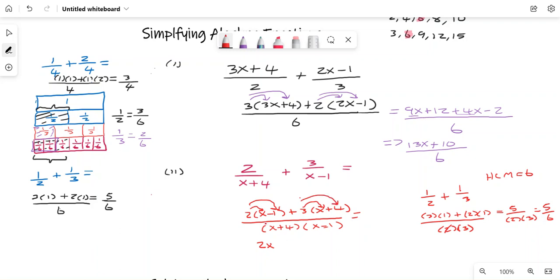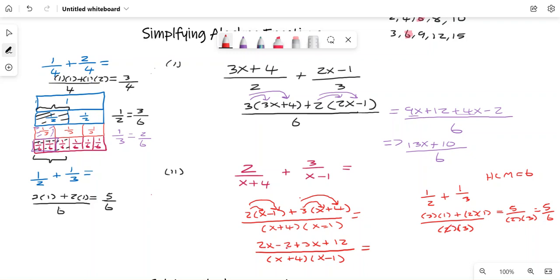So 2 by x gives me 2x, 2 by minus 1 gives me minus 2, 3 by x gives me plus 3x, and 3 by 4 gives me plus 12. Okay, so it's going to look something like that, and then that's all going to be over x plus 4 multiplied by x minus 1. And then we just simplify the top part by adding up all the like terms.